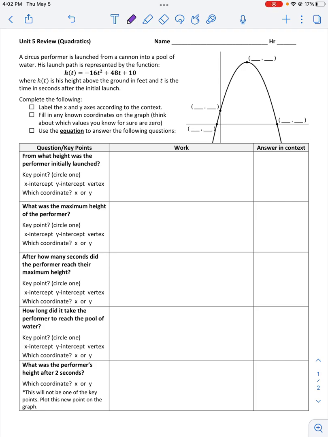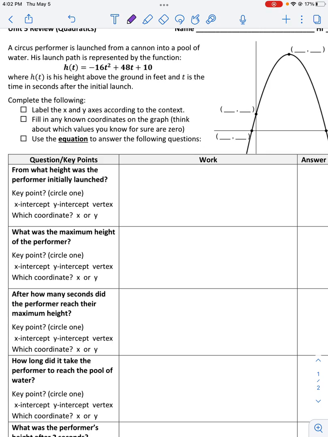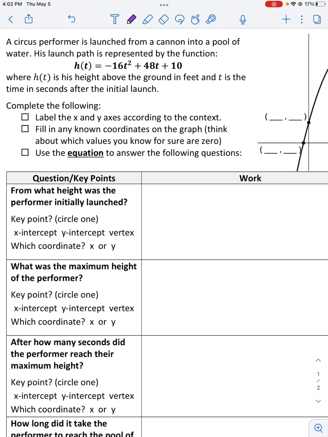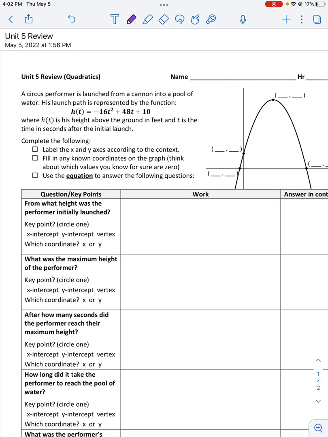All right, so when we're trying to analyze a quadratic situation, the first step is to know what our x and y variables represent. So we're going to go and label our axes. This situation is about a circus performer being launched from a cannon into a pool of water.